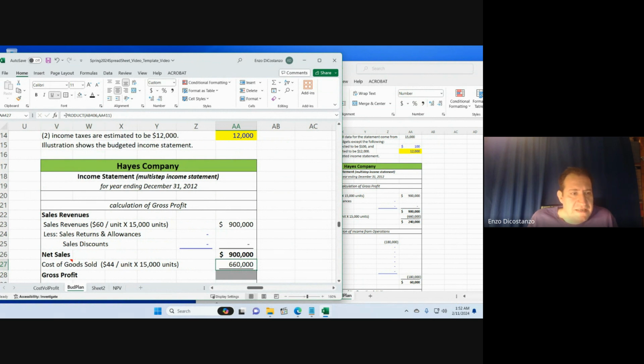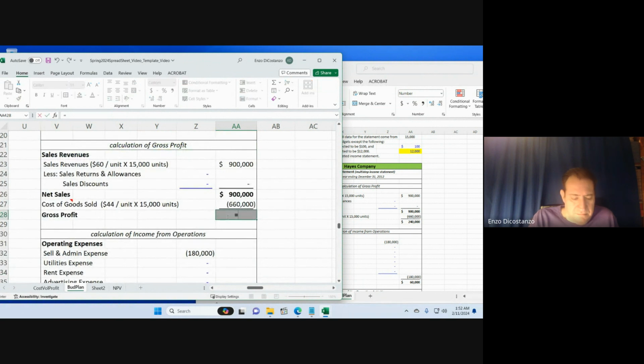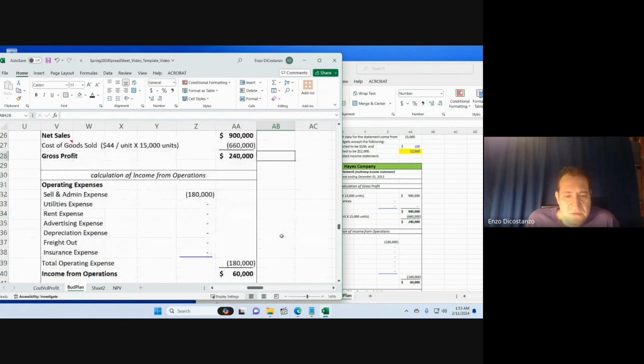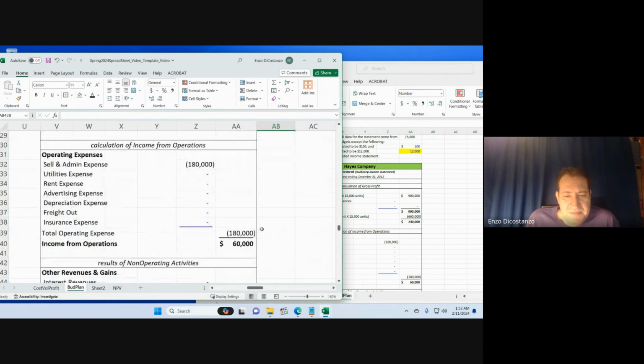And this is a negative. That's gross profits 240 because that's a big piece of this. That's over 2/3 of the net sales goes to cost of goods sold. You have operating expenses here. So the income from operations is simply this number, plus that negative.